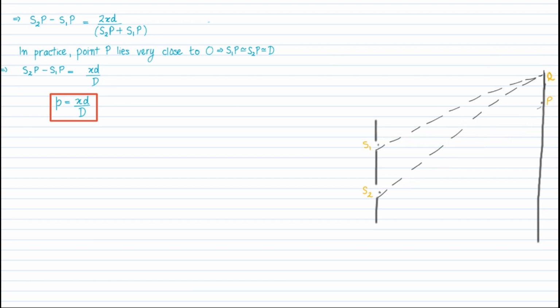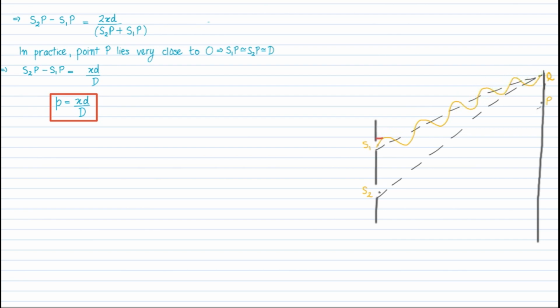Now let us consider another point on the screen, the point Q. Now the light is traveling from S1 to Q. One wavelength, two, three, four, five wavelength.